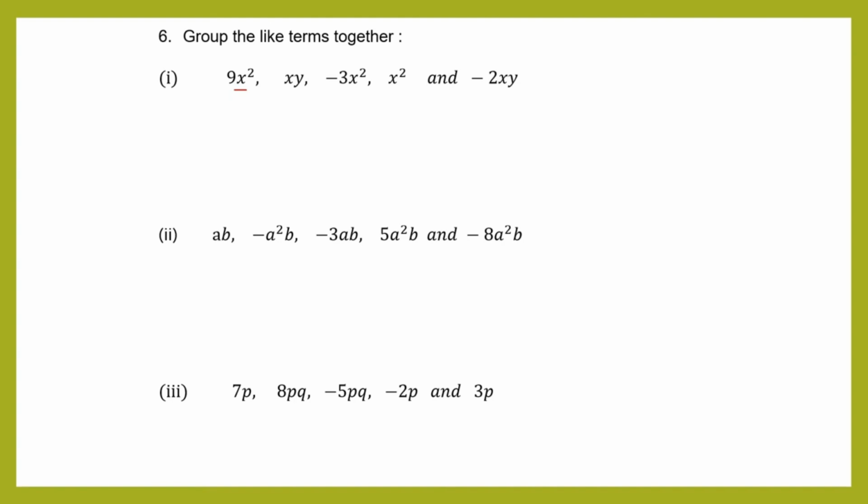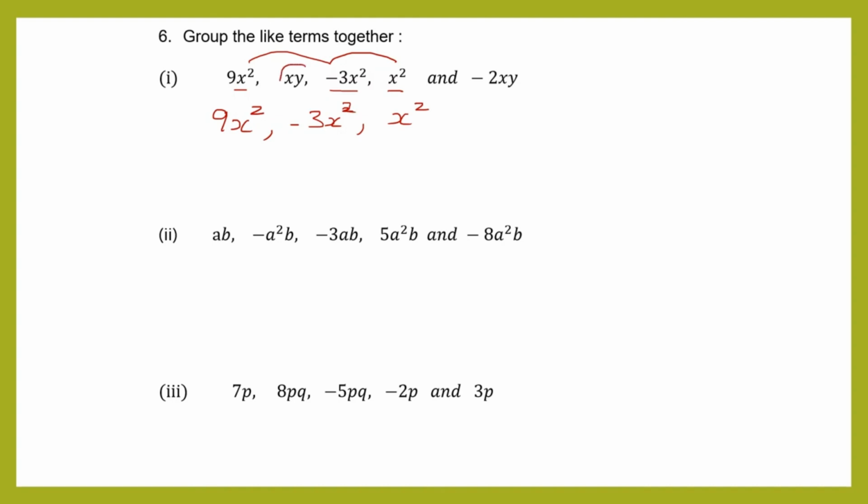Here I have another x squared, one more x squared. So these three are like terms, one set of like terms. Let's write that down. 9x squared, minus 3x squared and x squared are like terms because they all have the same letter. Can you see? They all have x raised to the power of 2.